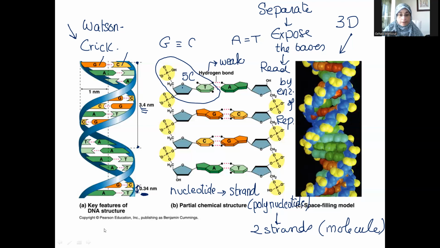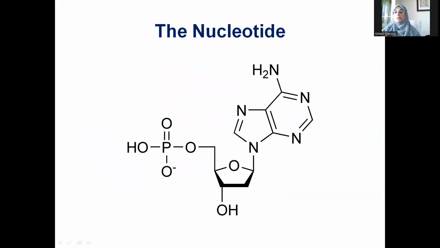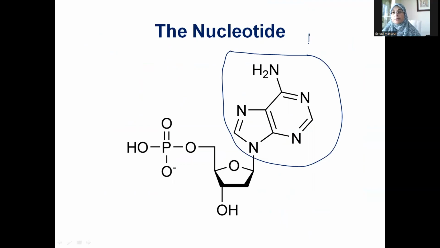Okay. And now we move on to the next slide. This is the nucleotide. Of course, here, since you have a double-ringed nitrogenous base, then it is a purine base.